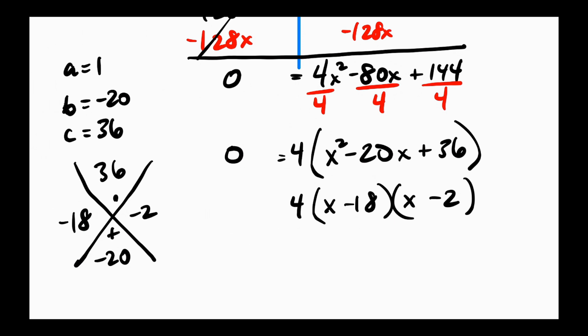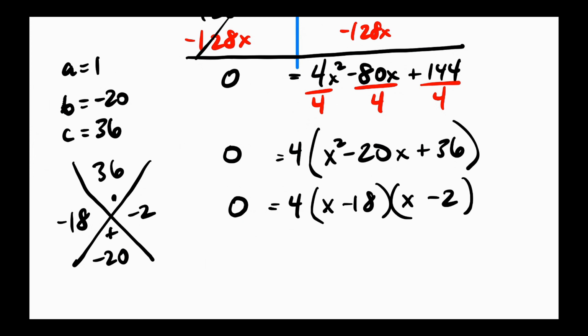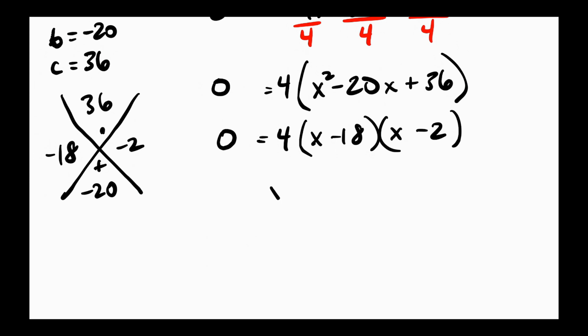Good. Do I have to do bottoms up on this one? No, I don't have to because A is 1, right? The old A originally was 4, but then I used GCF. So if you use GCF, your A is 1. So you don't have to do it. You can if you want, though, because you divide them by 1. They stay negative 18 and negative 2. So I'm going to get 2 answers. What are my answers going to be? Positive 18, positive 2.